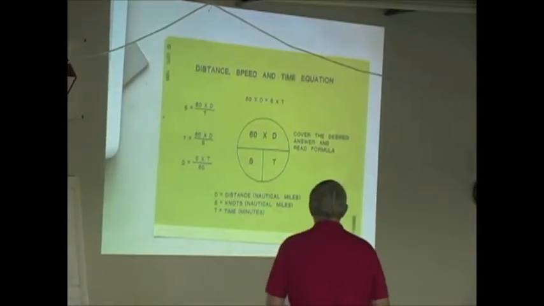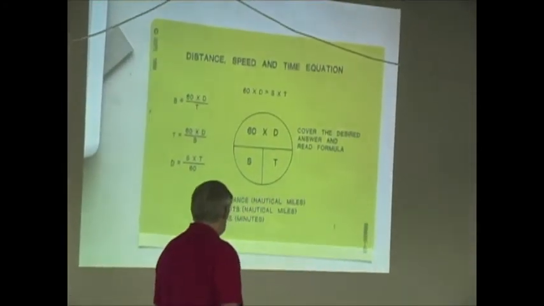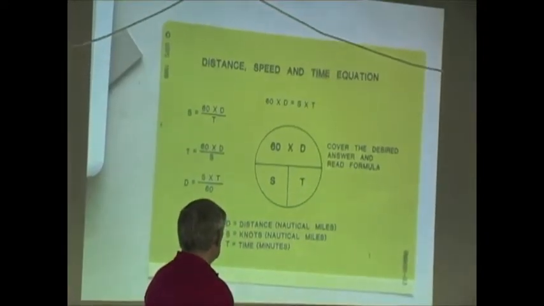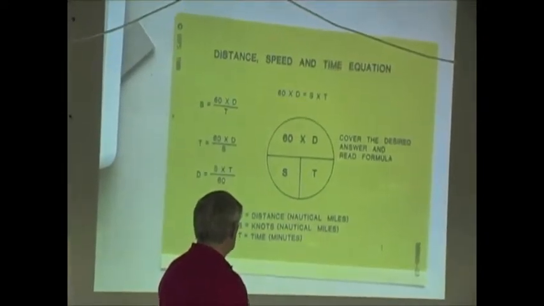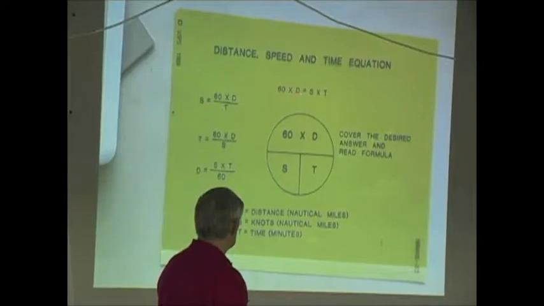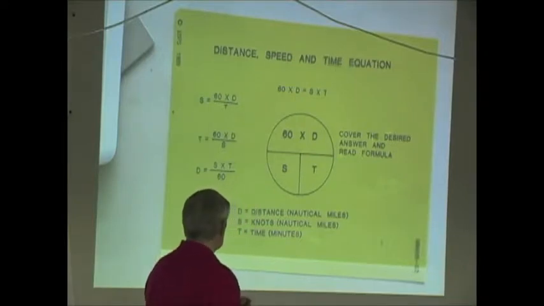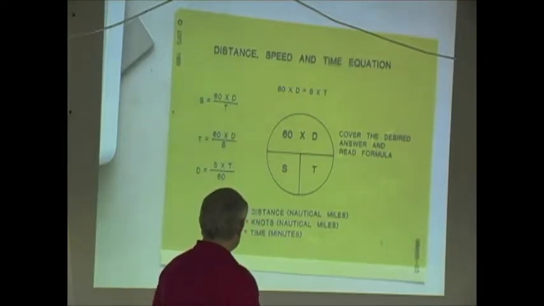And here's one of the few things that you're going to need to know with regards to some mathematics. Speed, distance, and time equation: 60 times the distance equals the speed times the time. In the problem this evening, we're going to be doing a couple of variations of this. You're going to know the distance, because you're going to measure that with the divider.